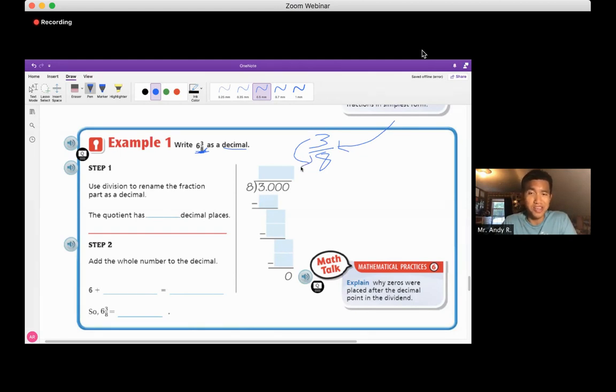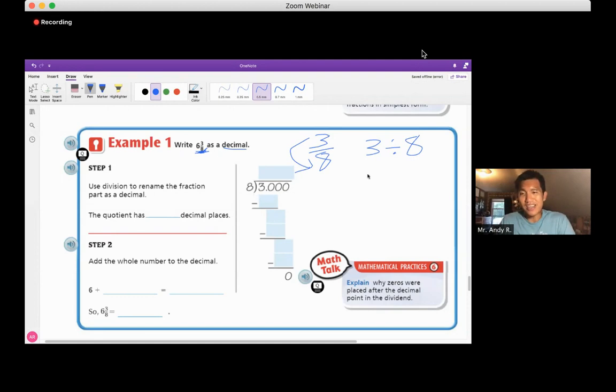Because of that proportional relationship, it's also like dividing the numerator by the denominator. So 3/8 is also 3 divided by 8.